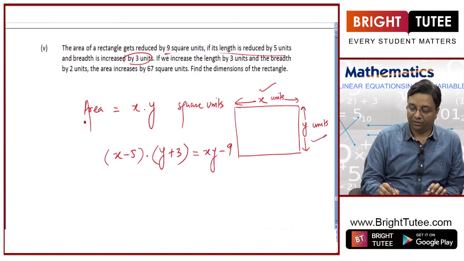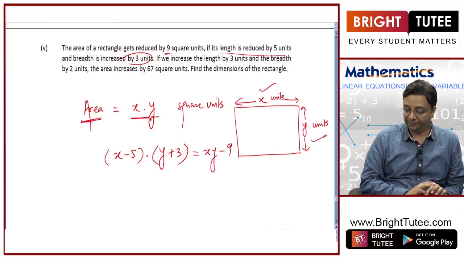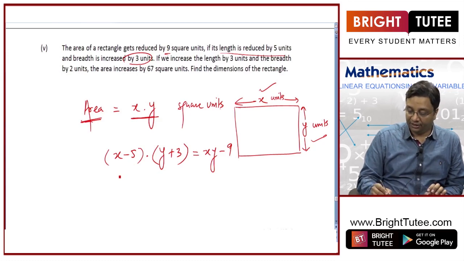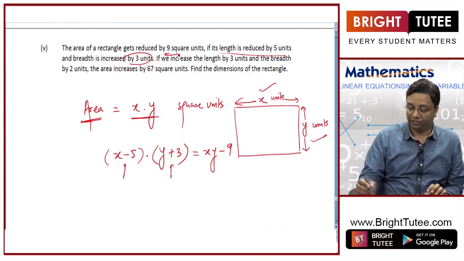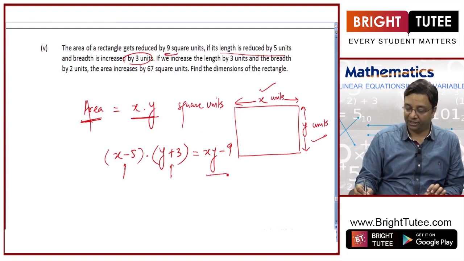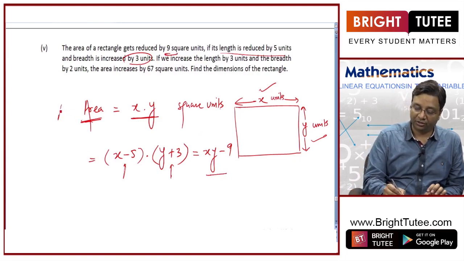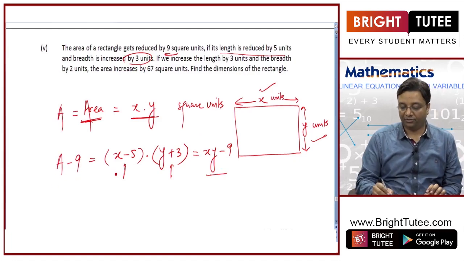The original area was x into y, this time the length is reduced by 5, breadth is increased by 3 and area is reduced by 9 square units. So it is equal to xy minus 9, or if area is denoted by, let us say, a, we can say a minus 9 is equal to this.